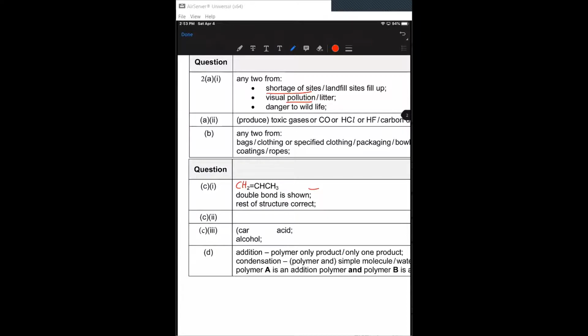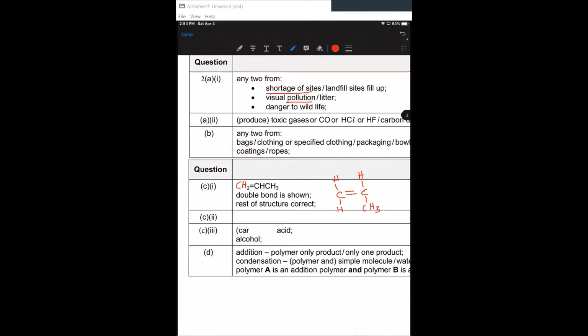Or you can draw the displayed structure. It will be CH2, double bond, carbon, hydrogen, and CH3. Sorry, the continuation line should not be there. We are drawing monomers. So this will be the monomer structure.